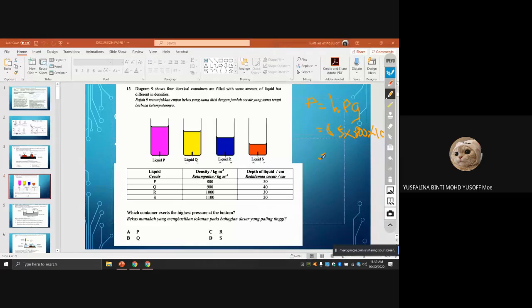When you calculate for P, you get the answer 4,000. Then you calculate one by one and find which one is the highest. The highest should be A.